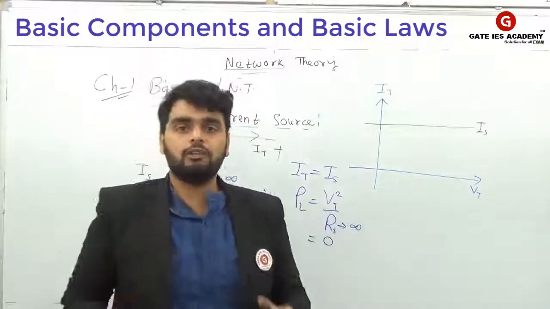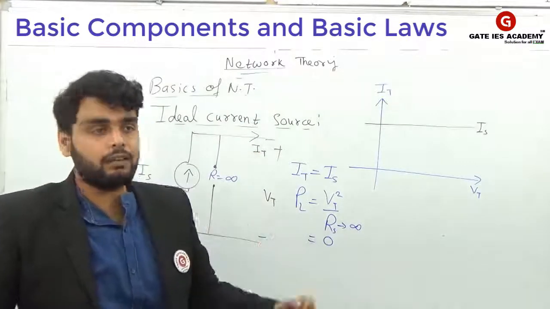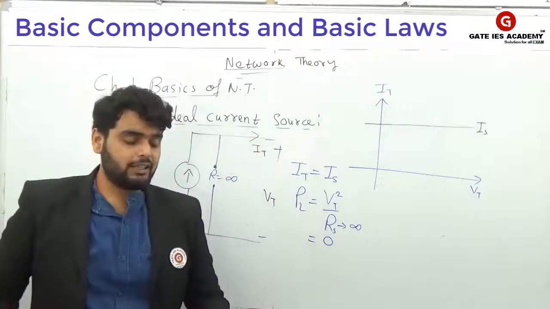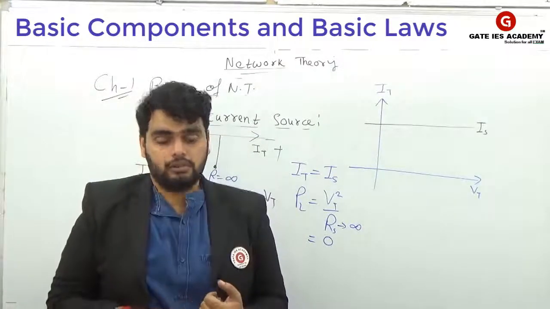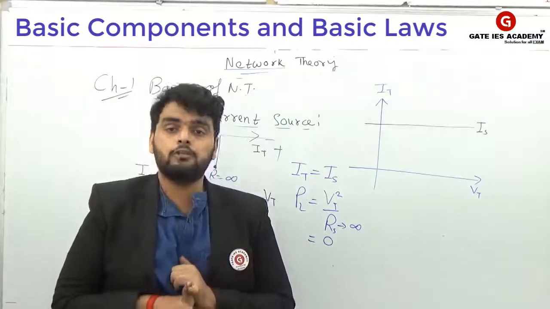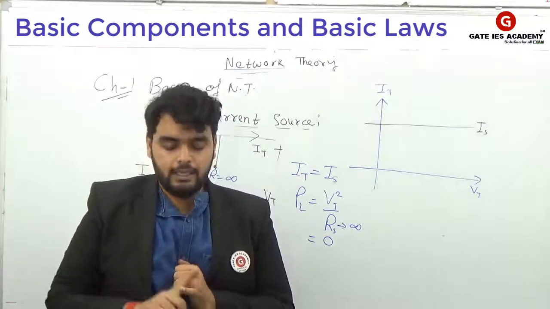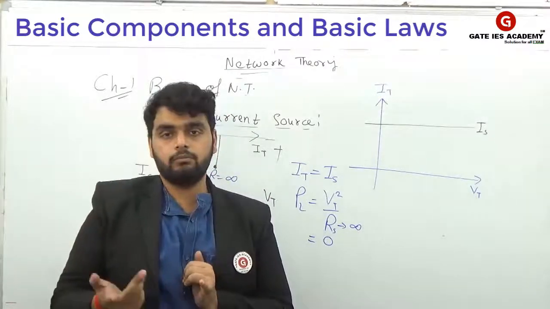So one question for you: is there any example in practical life of an ideal current or voltage source? Any example? What is the characteristic of an ideal voltage source? Terminal voltage will remain constant, power loss is 0, correct? Terminal voltage remains constant as t tends to infinity. Okay.